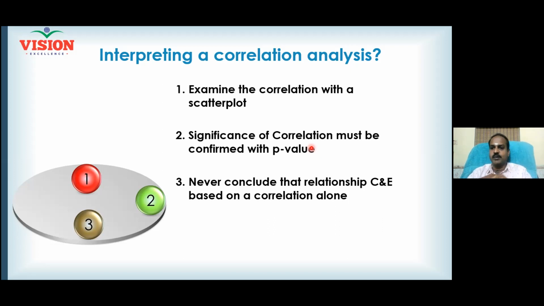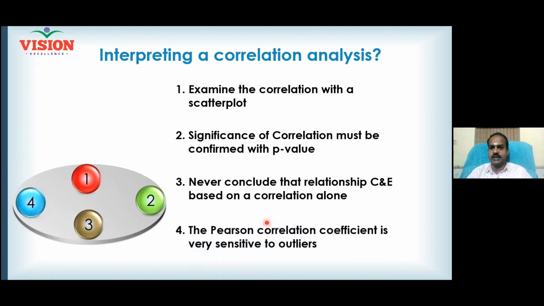Always, any kind of knowledge you use to make a conclusion, you must use your common sense also. Simply because the correlation R value is very high, you can't say this is the root cause, right? So we must never fail to use our common sense. Even though all these tools direct you close to the reality, ultimately it is your common sense that makes the difference.